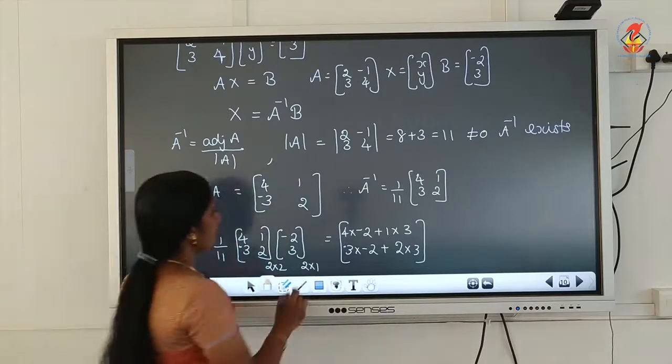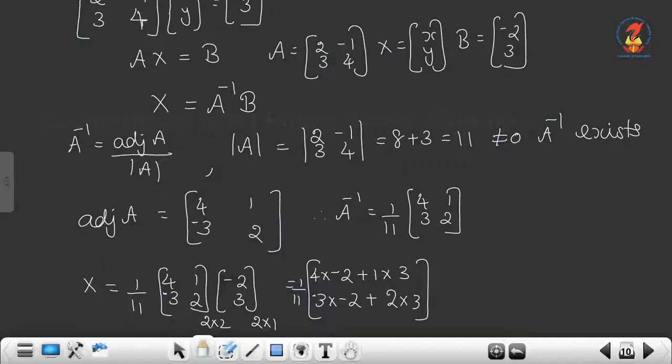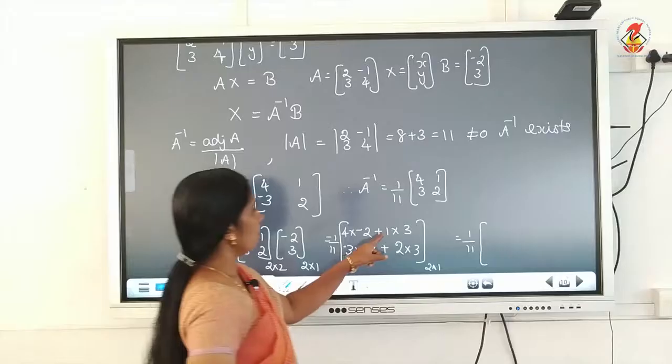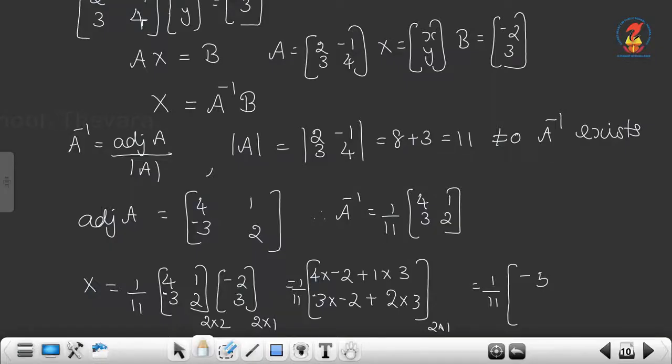Then we have 1 by 11 outside, so it's a 2 by 1 matrix. So 1 by 11 of 4 into minus 2 plus 3, that is minus 5. Then minus 6 plus 6 is equal to 12. So we can write minus 5 by 11 and 12 by 11.